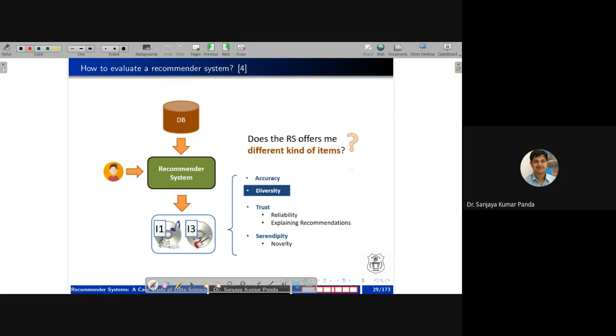A user may be interested in several items that are available in different categories. So the question arises whether the recommendation system offers a variety of items or is only focusing on one category of item while skipping the rest. That is what diversity defines in a recommendation system.